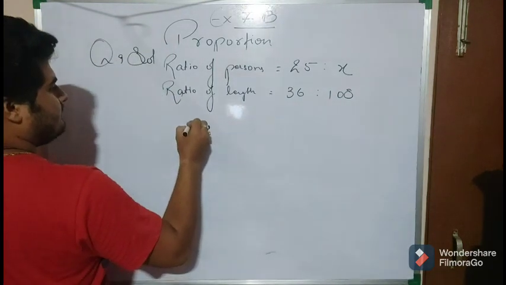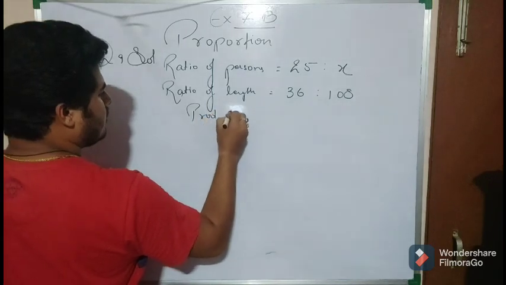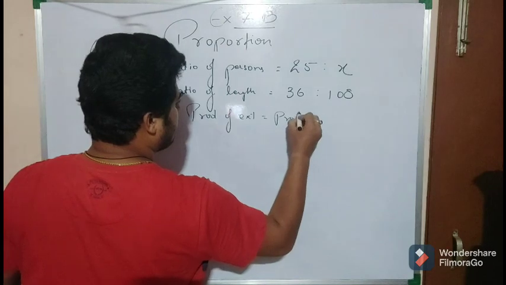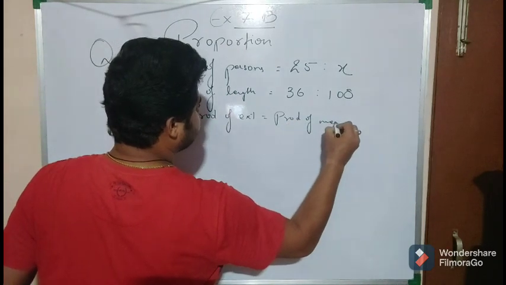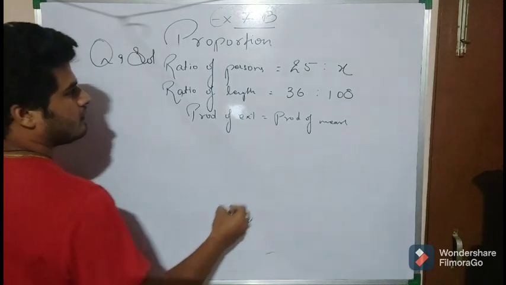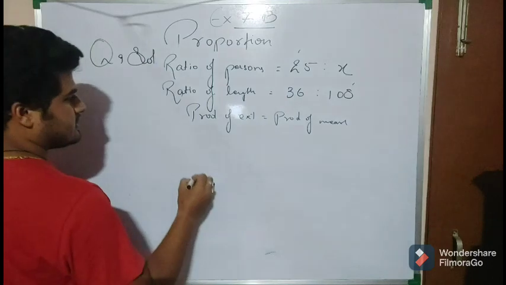So if they are in proportion, product of extremes will be equal to product of means. Therefore we can say that 25 and 108 are the extremes.